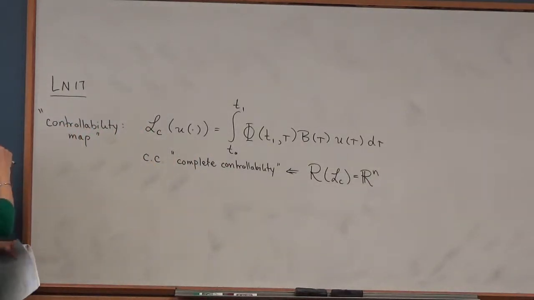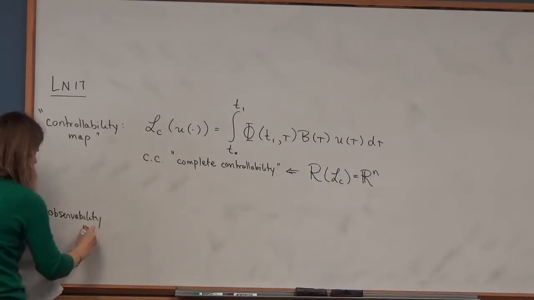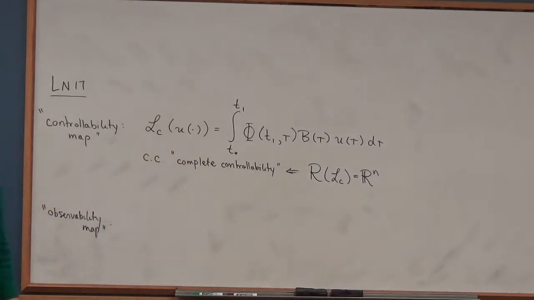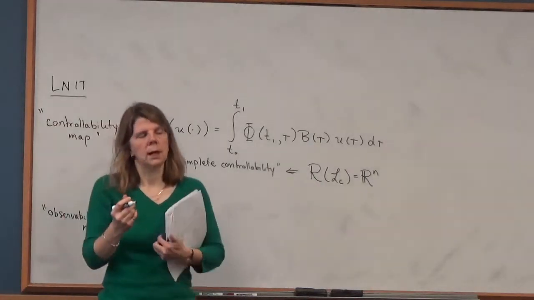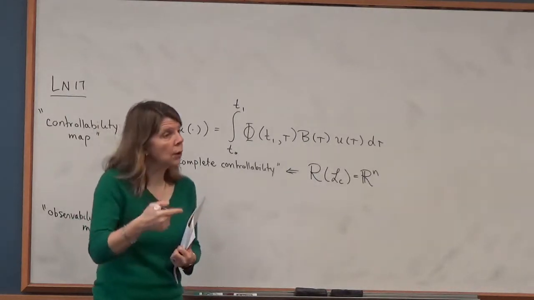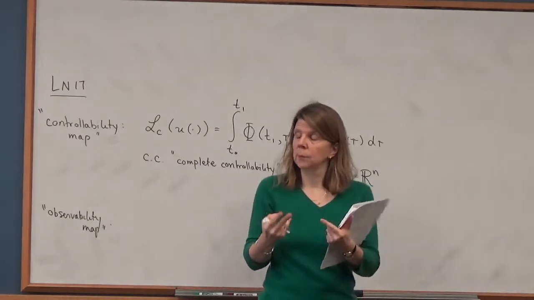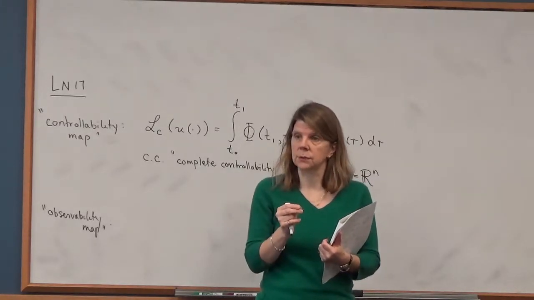And similarly, for the observability system, so the observability map, we did the same thing, starting from the point of defining observability very intuitively as the ability to take the input function over a period t0 to t1, record the output function over that same period t0 to t1, and from those two functions, the ability to uniquely determine what the initial state of the system was.